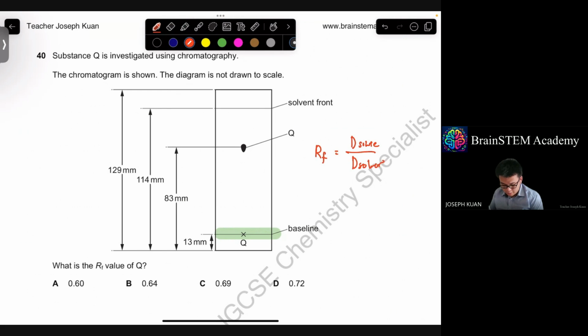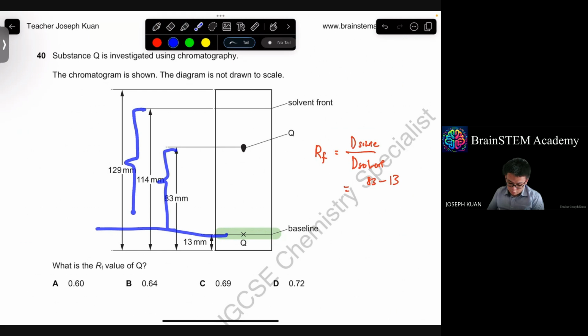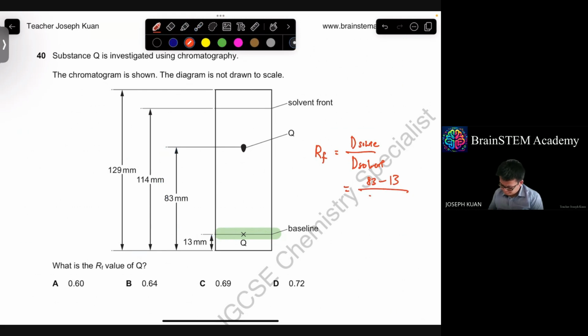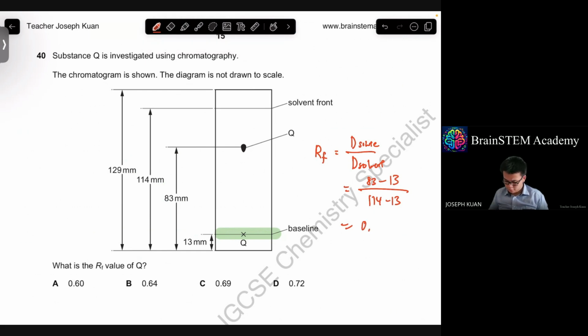So that can be done by taking 83 minus 30, this side, out of 114 minus 30. So that gives a total of 0.69. C is the answer.